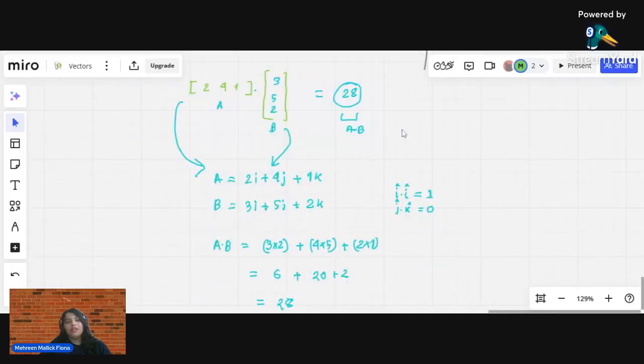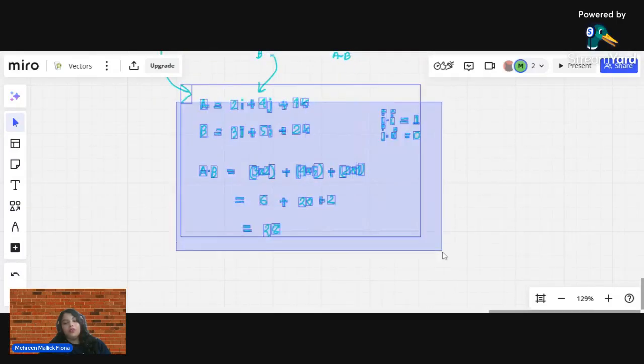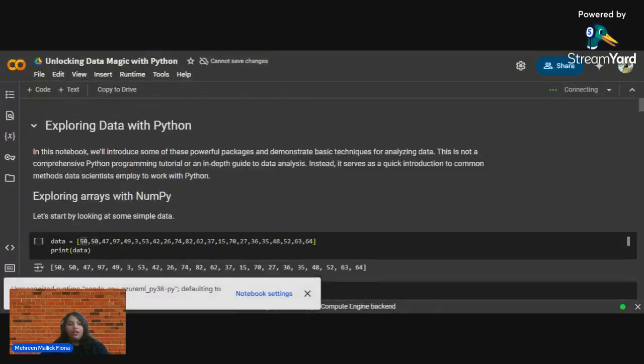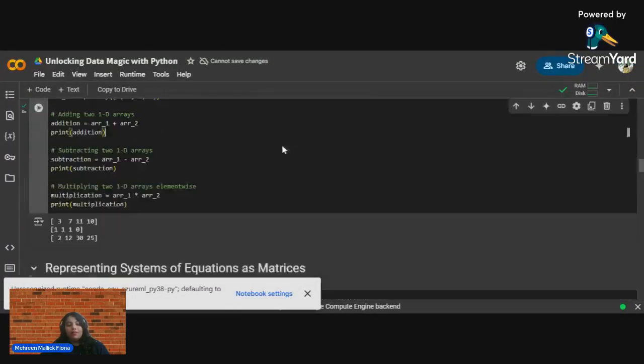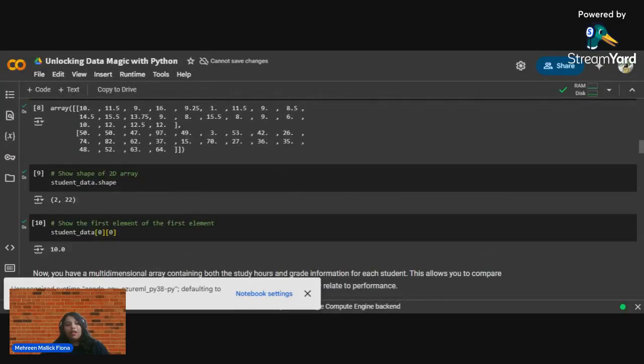Approach one, where I did not show you the whole multiplication process, but I showed you the new one, which is very new for you, which is the vector dot product, when I am multiplying two vectors, the scalar multiplication of two vectors. So that was our overall session, and we also explored the code, but we did not see pandas because we have a shortened time. So we'll try to cover it in our next day.